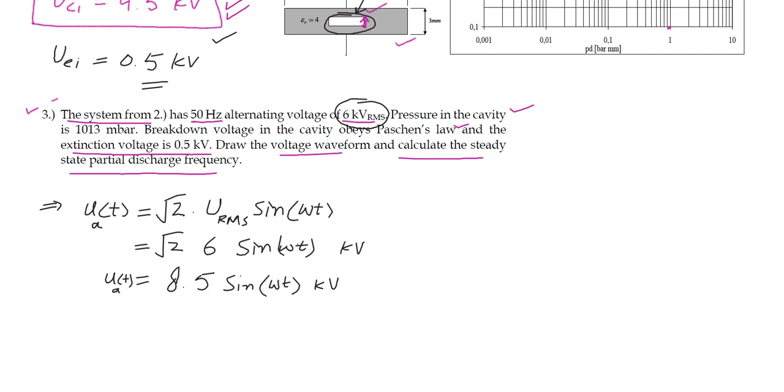Okay. So UC as a function of time will be equal to UA as a function of time divided by 1.5, and we put in the values and solve it.